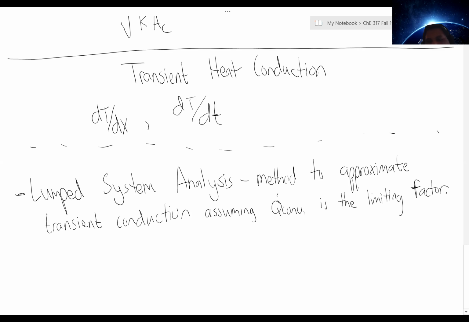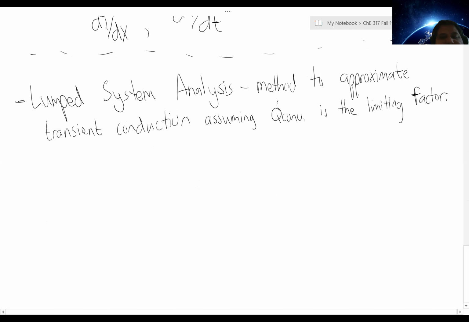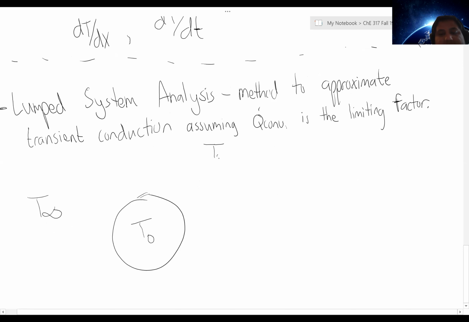To demonstrate this idea, let's say we've got a ball of aluminum that's at some temperature initially. We'll say it's T naught, and the surrounding temperature is T infinity, and T naught originally is much greater than T infinity.